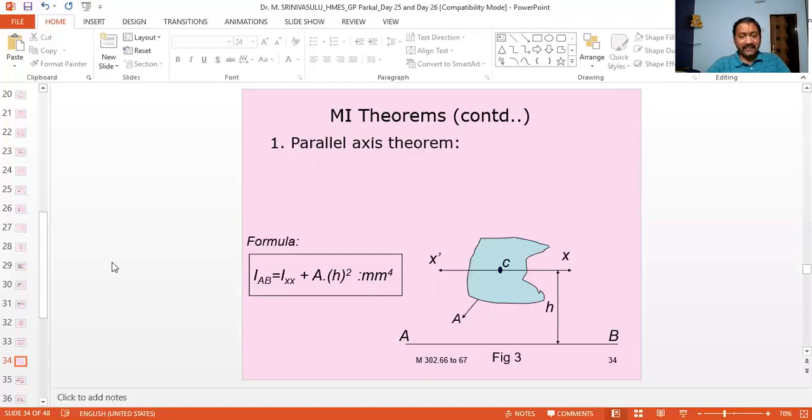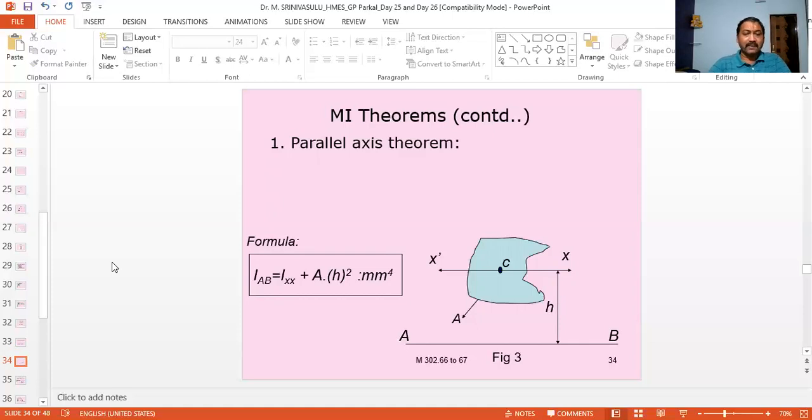If we know the moment of inertia of the given area about XX, that is the central axis, then we can also find out the moment of inertia of the same area about a line which is parallel to its central axis, if we know the distance between the two axes.